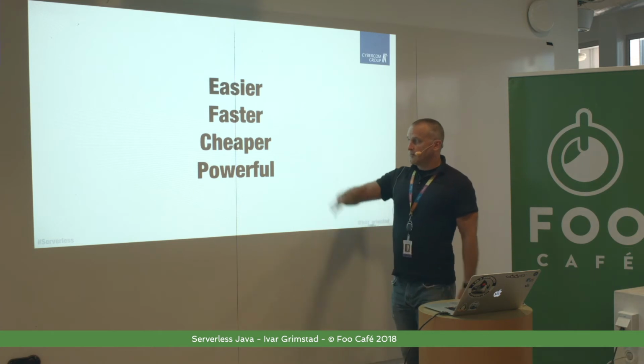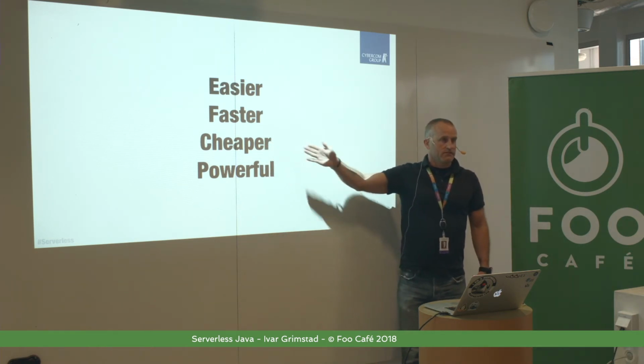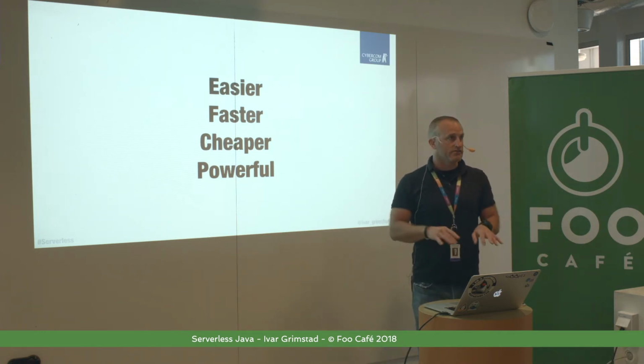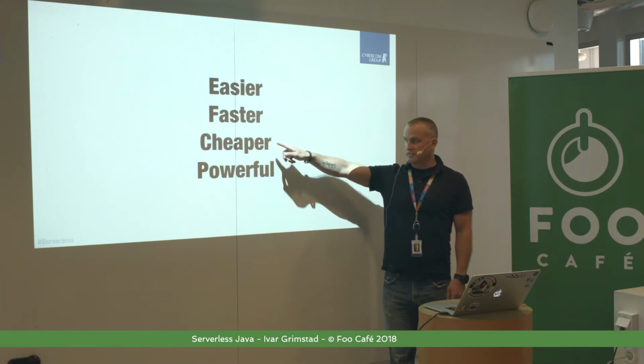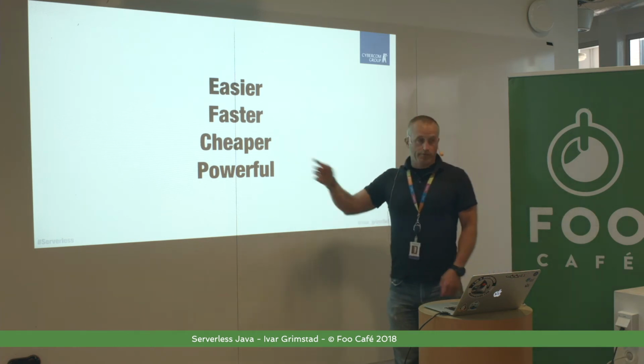It's cheaper. Most developers don't care about that unless you pay for it yourself. So for development purposes, or if you're developing something at home, or doing stuff just for fun, it's good to have it cheap. But at work, we don't care about this. This is somebody else's pain. And it's super powerful.